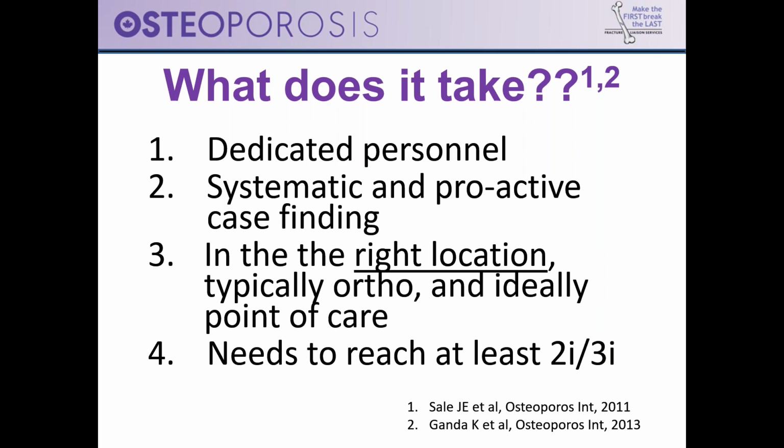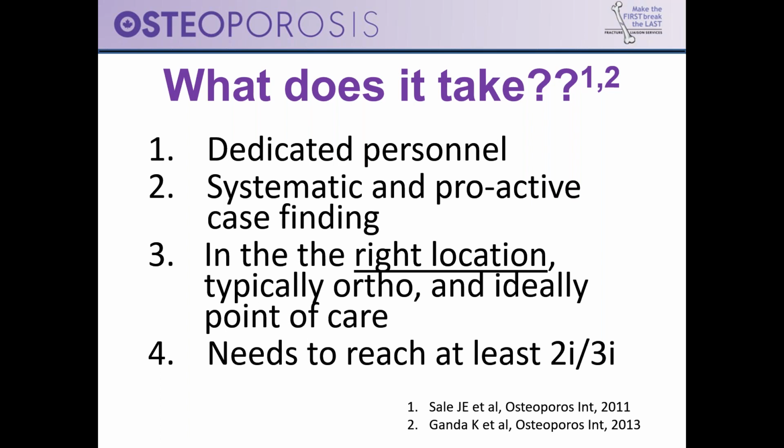It does take time to have that conversation with the patient, to educate them about their fragility fracture and to educate them about their future risk of fracture. And asking existing, very busy personnel to do this is not likely to be successful. So a dedicated FLS coordinator is a must.